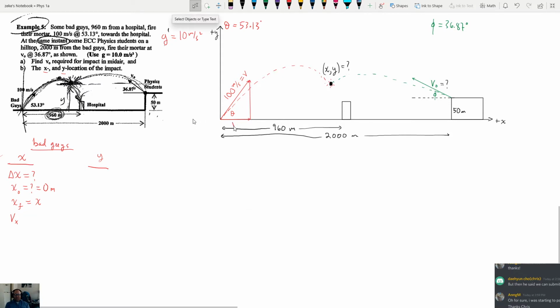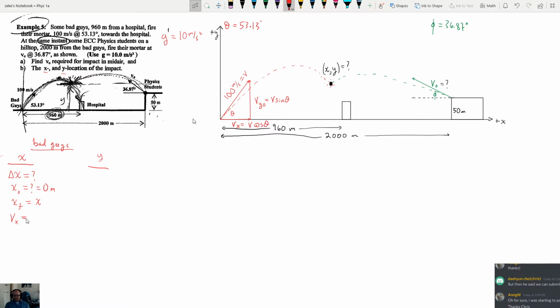This side we'll call Vx. This side we're going to call Vy initial. So we know what these are going to be. Vy initial is going to be equal to, I'm just calling this one V, V times the sine of theta. And Vx will be equal to V times the cosine of theta.